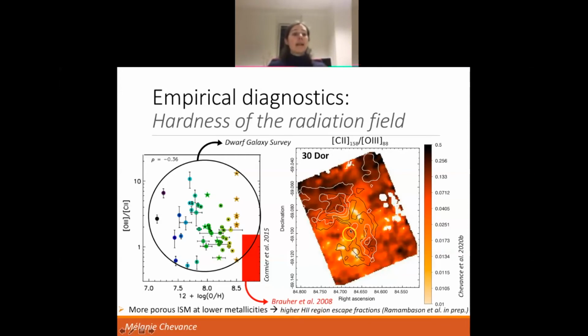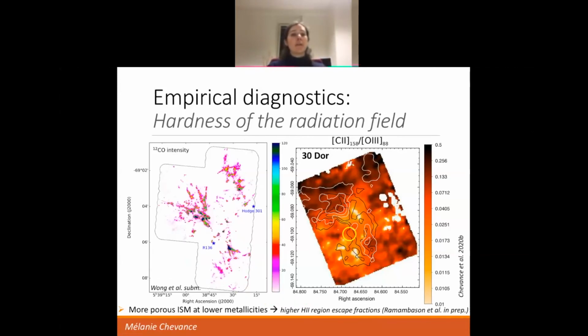So this means that at a lower metallicity, the ISM is more porous. UV photons can escape by traveling over hundreds of parsecs through low density channels. You can also probe this by measuring the H2 escape fraction from dwarf galaxies, and you find that it's higher at low metallicity than in higher metallicity environments.